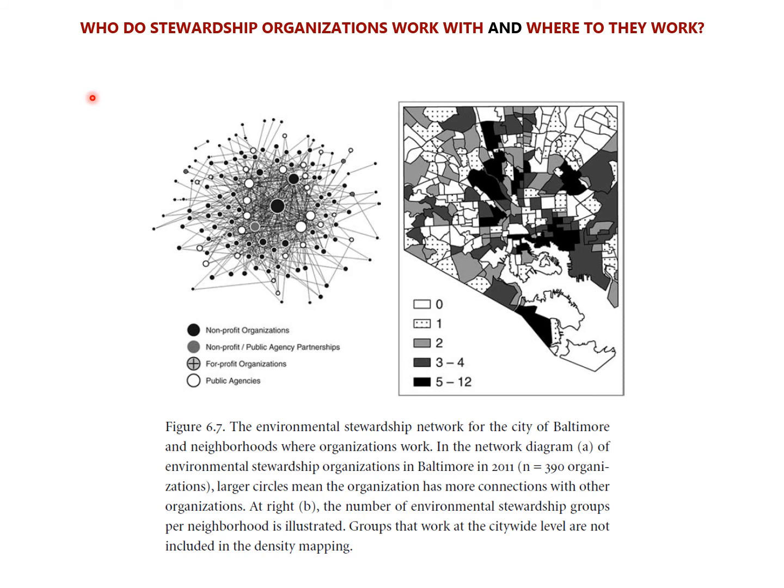So they wanted to understand, who do stewardship organizations work with and where do they work? This is a network analysis, and we're not going to get into it, but what they were finding is that the nonprofit organizations, basically the larger the circle here, the more connected it is to other organizations. So nonprofit organizations were doing a good job of talking to other groups and sharing information, and public agencies were doing an okay job, and they kind of have to because they're the government.